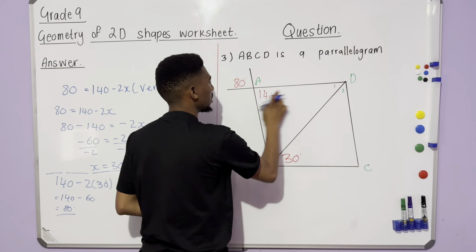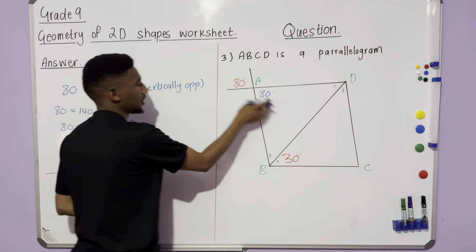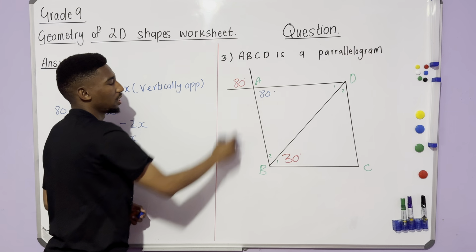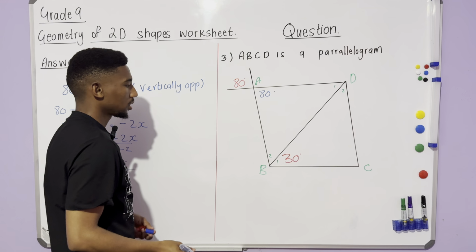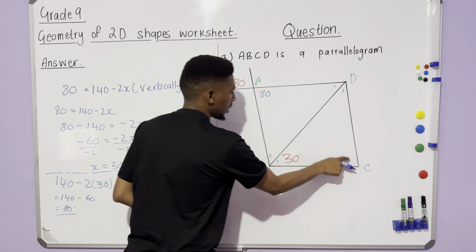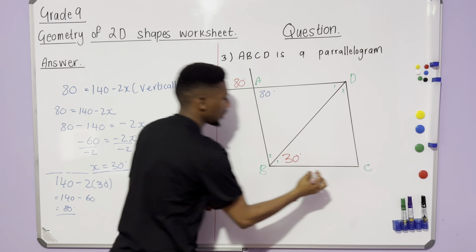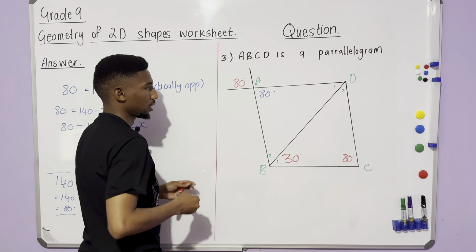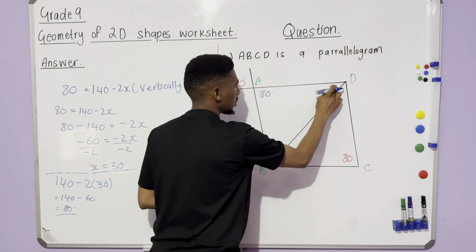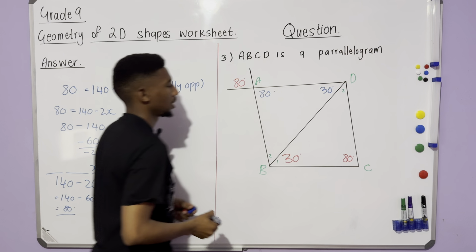I can then replace this with 80. That's also verifying that that is 80 as well. And opposite angles of a parallelogram are equal, so I'll say that's 80 as well. And alternating angles, that is 30 as well.